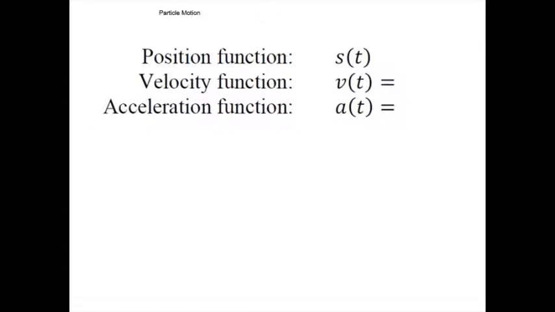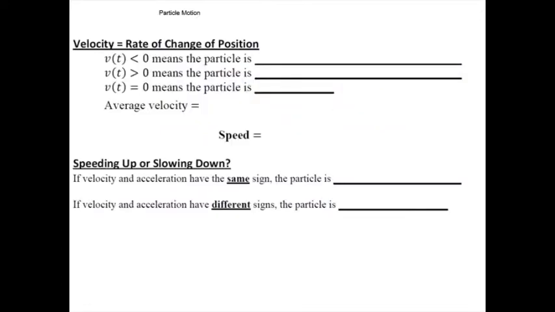Now, when we talk about particle motion, it's really important that you understand the generally used function notation. When we're talking about the position of a particle, that's usually s of t. Velocity is usually v of t, and acceleration is normally a of t. Now, as far as the rules that you need to know, let's talk about velocity.